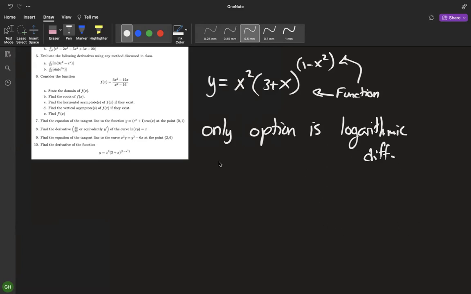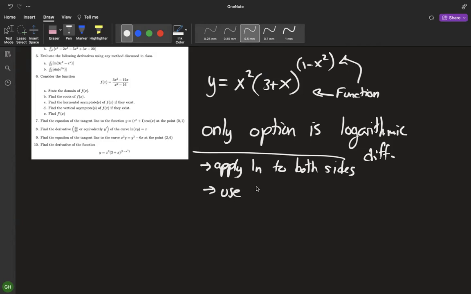And remember, logarithmic differentiation, this just means apply ln to both sides. Use the log rules. And then just implicitly derive.